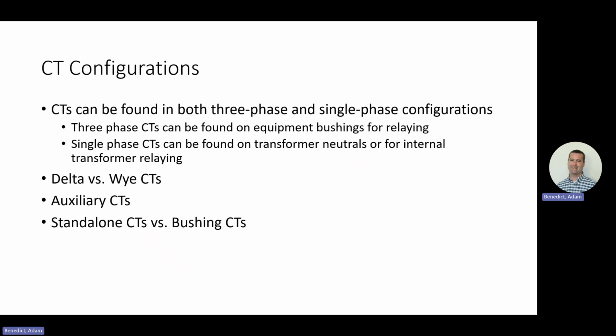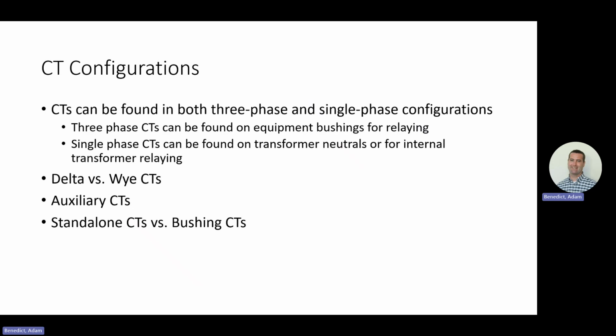Aux CTs, usually this is to help provide some isolation for primary and secondary. If you only have one CT on, say, a transformer, but you have 2 sets of protection, an aux CT could help you achieve that galvanic isolation. It's not perfect, but it does provide a little electrical isolation.